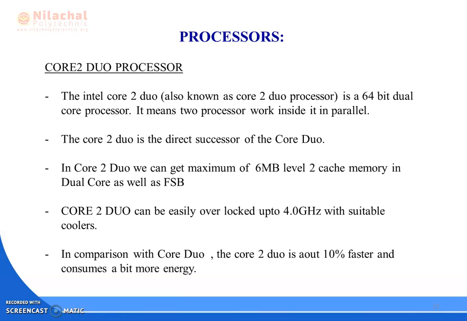Next, it is the best in cache memory, getting a maximum of 6 MB level 2 cache memory. Next, it is also known as a super overclocker with 4.0 GHz of overclocking. As per the speed, it is provided with suitable coolers, and its working performance is about 10% faster than the dual core processor.